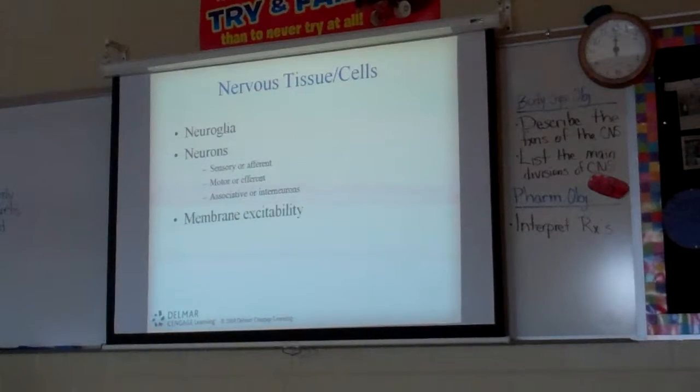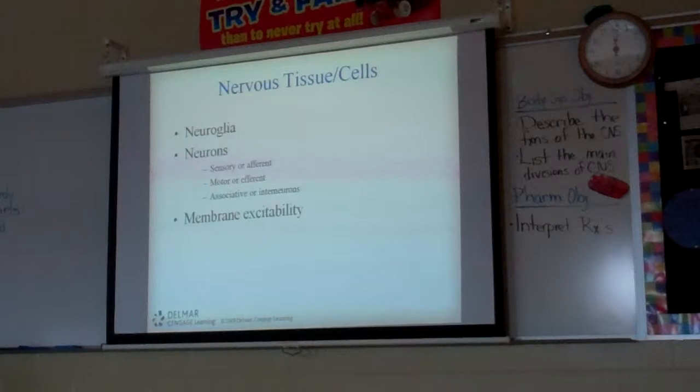Let's see, we talked about the different neurons. I didn't talk about what neuroglia was, I don't think. It's the supporting structure for nervous tissue. It's like a spider web, and it's got different cells.